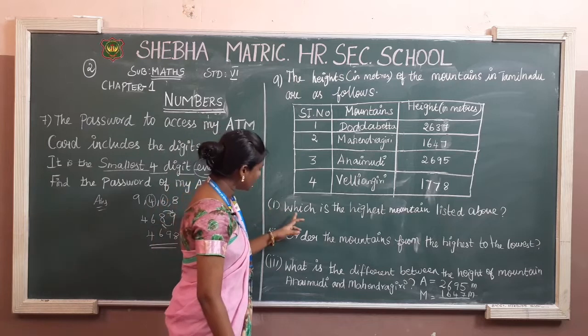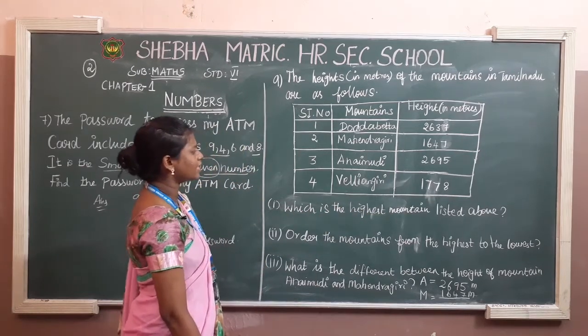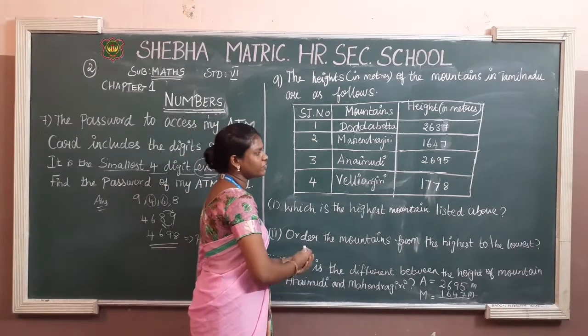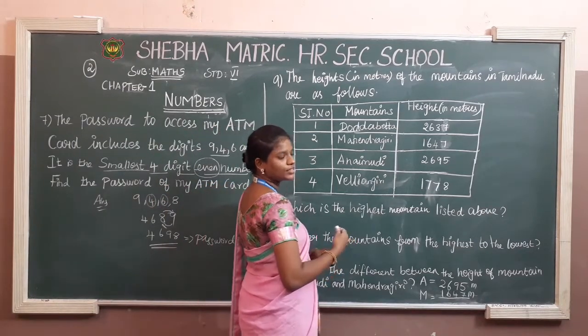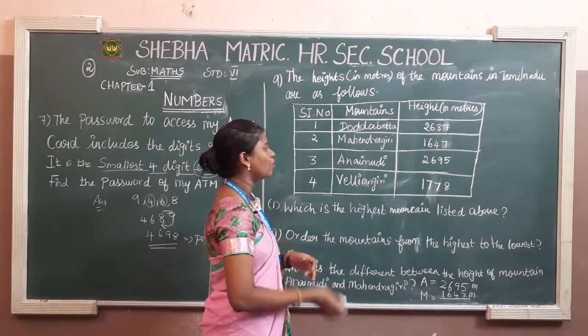Three questions are there. Which is the highest mountain listed above? How can we find it? The number with more digits is greater, we know. Here all are 4 digit numbers.